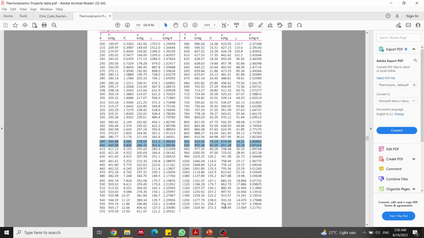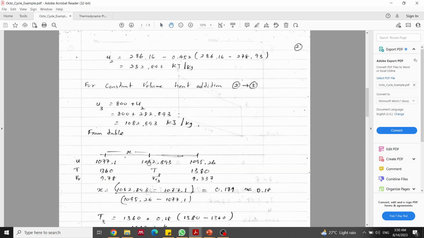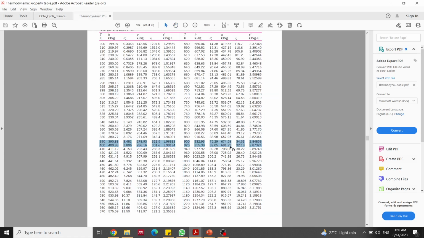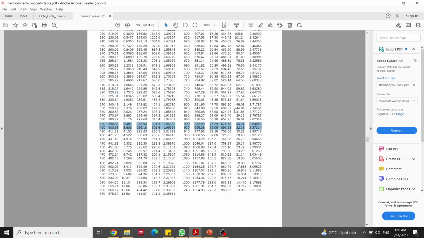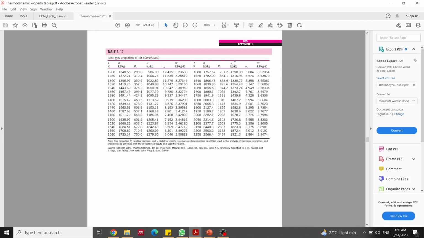Now we are looking at 1082. So our value should be in between these two rows.